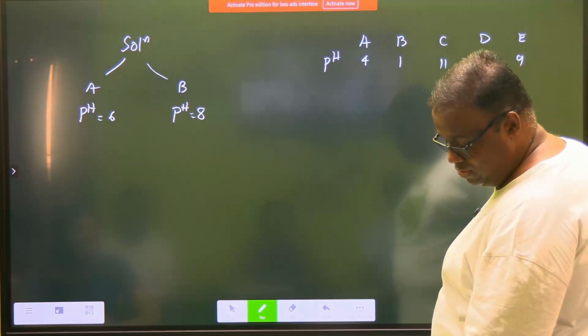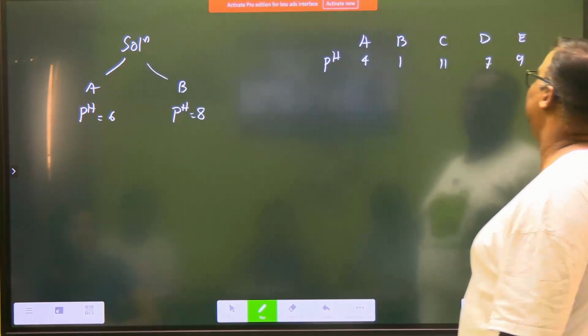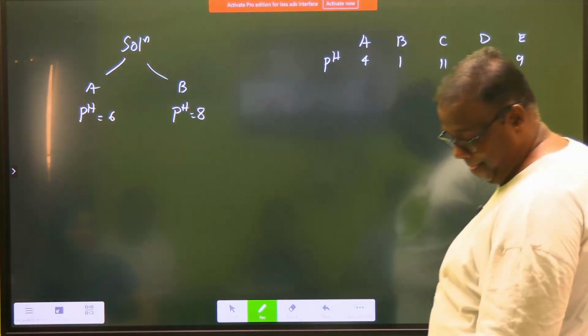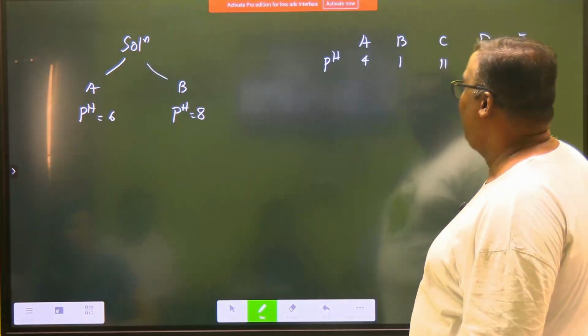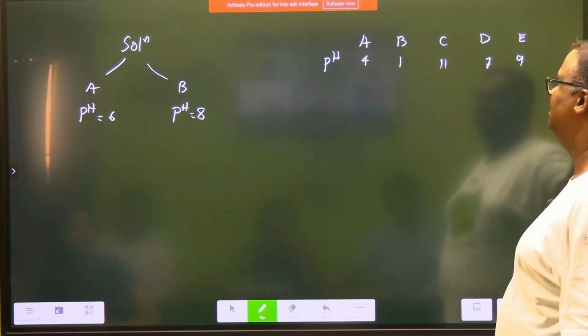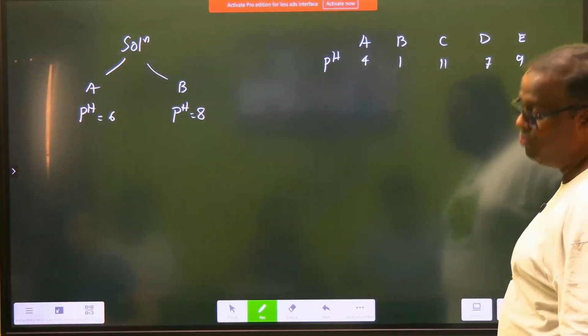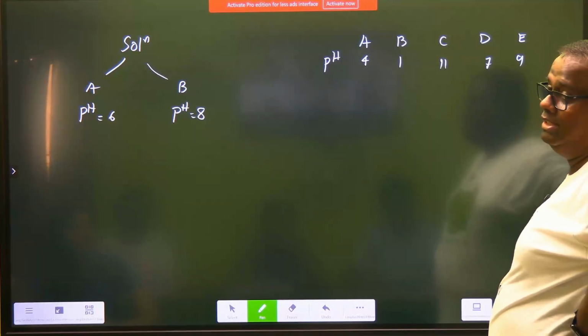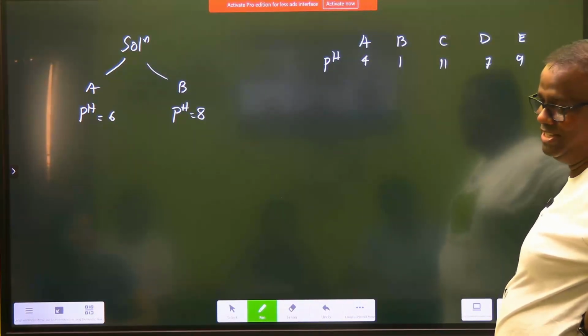The next one is weakly acidic, and weakly basic. This is a very interesting question.